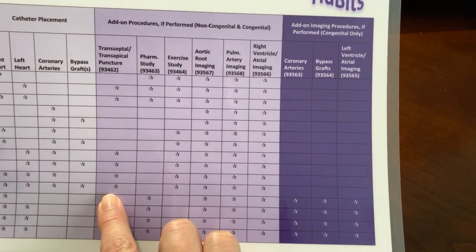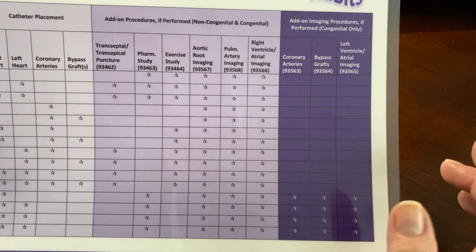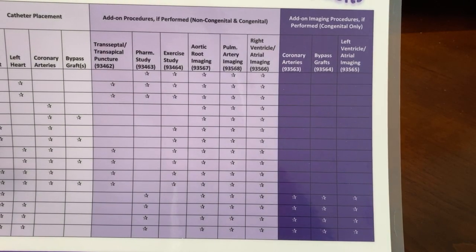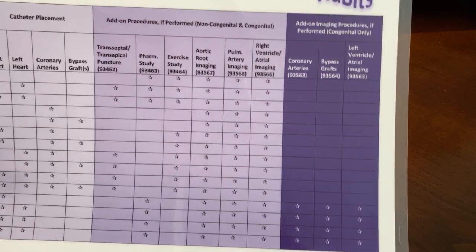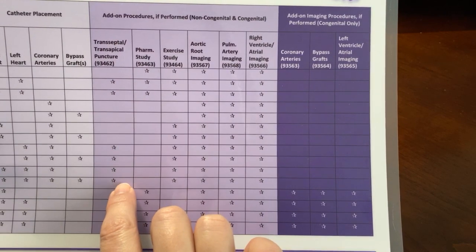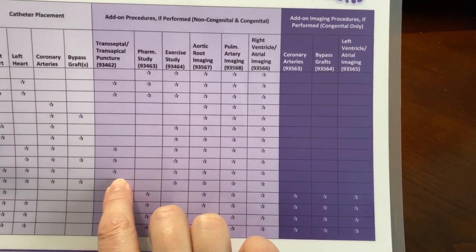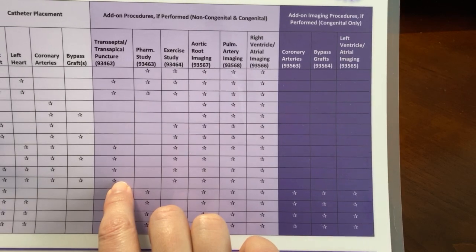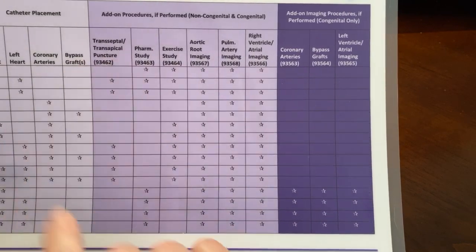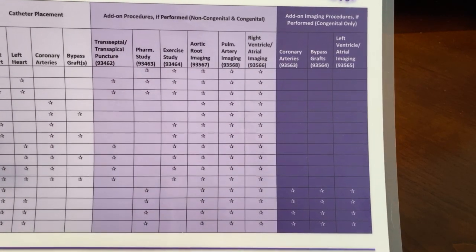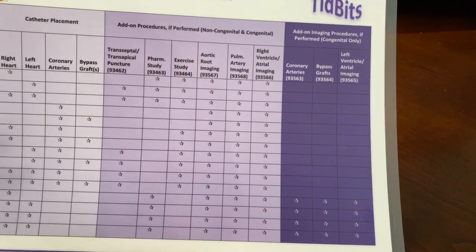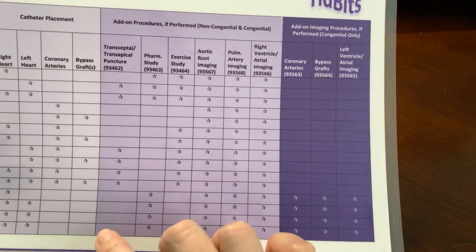This is the same thing I was talking about with the congenital heart, where they go in through a venous approach, go into the right side of the heart, puncture through the wall into the left side. But these are codes for non-congenital transseptal punctures. We don't see them done a lot in the cardiac cath lab. It's not super conventional. Where we do see this code used a lot is in the EP lab. And I'll do a separate little video on using those codes and walking through the CPT code book.